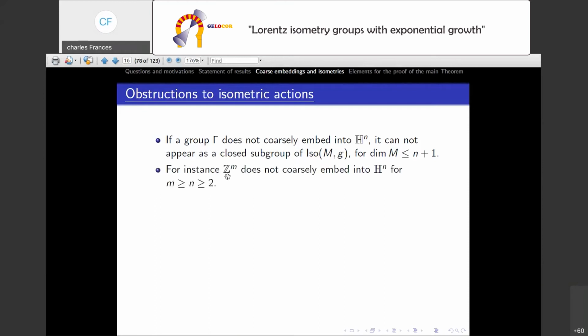For instance, it can be shown that the group Z^m does not coarsely embed into H^n when m is at least n. So for instance, you see that if M has dimension 3, you won't have Z^2 in the isometry group as a discrete subgroup. If M is of dimension 4, you won't have Z^3, etc.